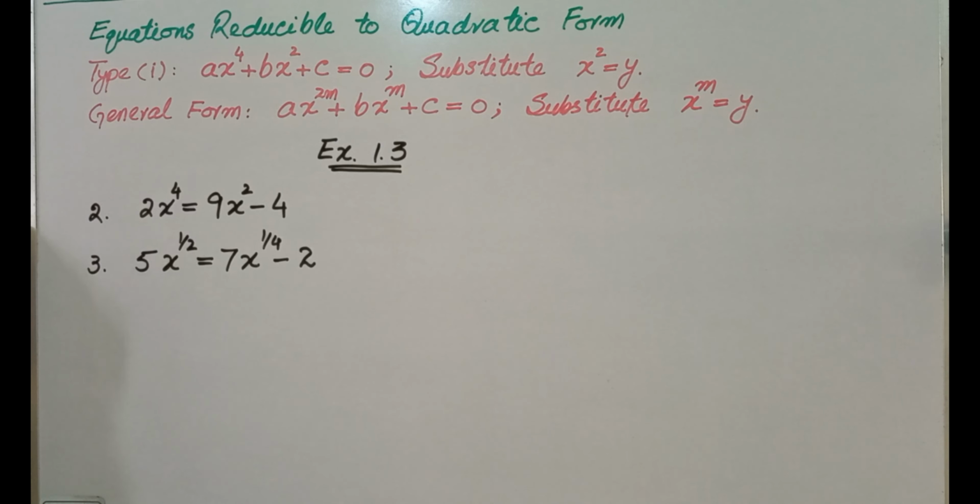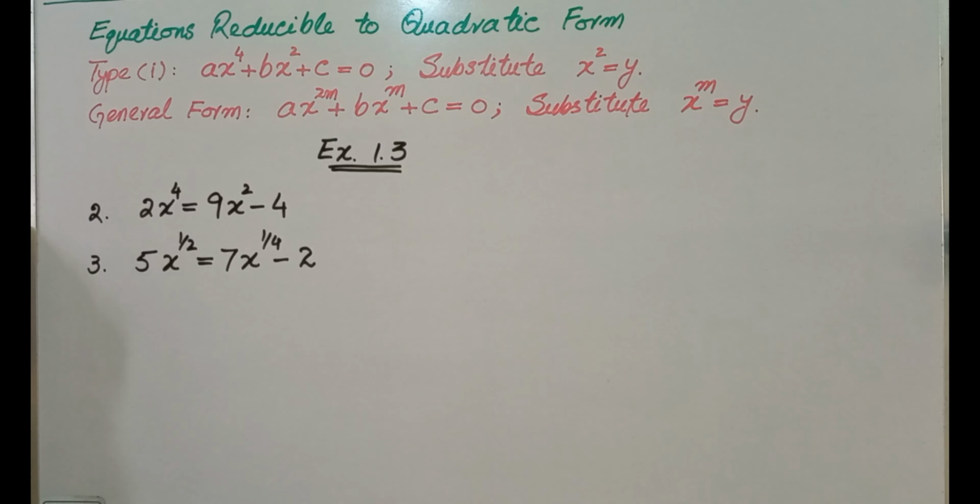Now you see that if we write it like 2 times something square minus 9 times something plus 4 equals 0, and compare it with the standard form of a quadratic equation, which is ax square plus bx plus c equals 0.